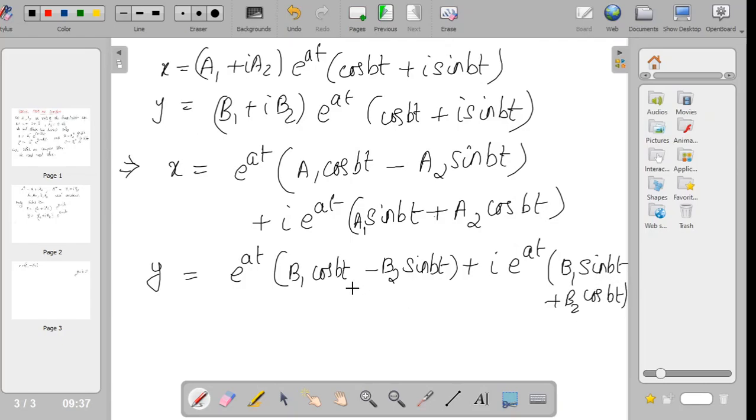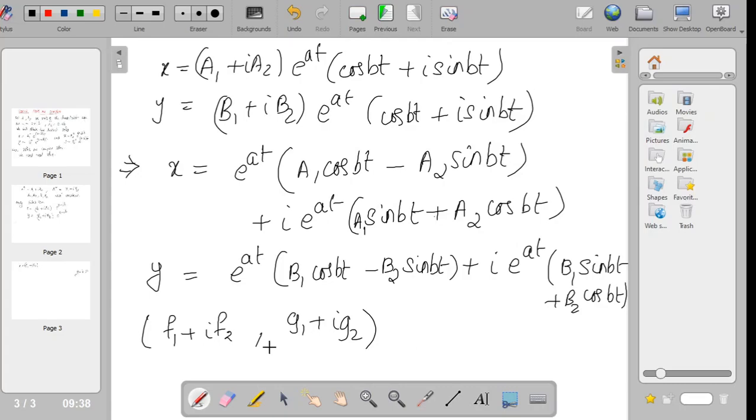Now if you look at this solution, we get a pair x, y. So the first solution x is in the form f1 plus i f2 and the second solution y will be in the form g1 plus i g2. So this is a complex function.